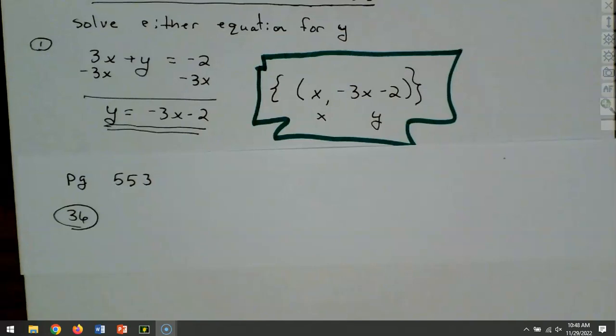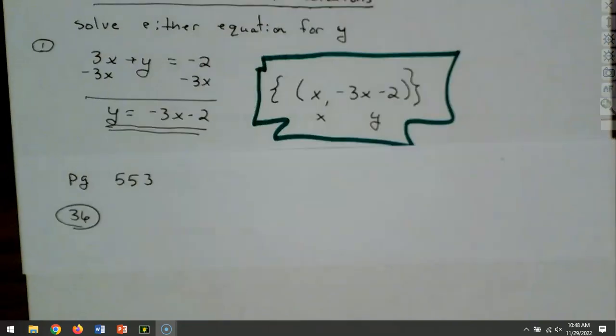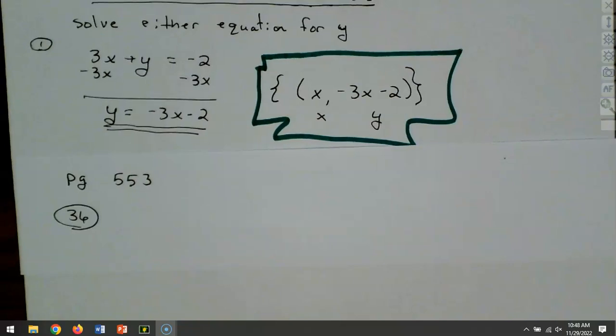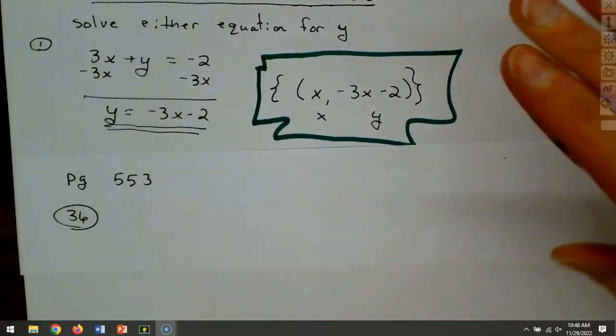Here's the sign-in sheet. And this one's going to be using what's called Gauss-Jordan and matrices. You can solve it with elimination. And you're basically going to be doing elimination anyways. It's just a different version of it. The matrices in this case will help us keep track of things.